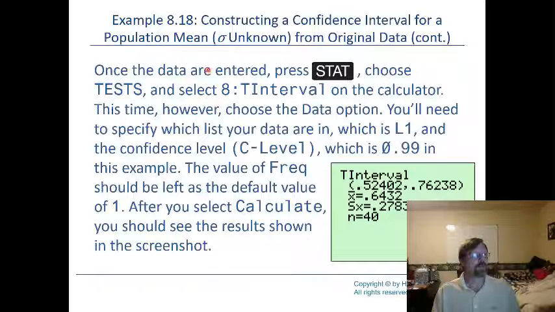Once you've got the data entered, go to tests, choose the t-interval, choose data instead of stats this time, specify which list you put your data in, and the confidence level, leave freq as the default value. That probably stands for frequency. I'm not sure what it's used for yet. I imagine that will come up. Then hit calculate, and you should get these results.